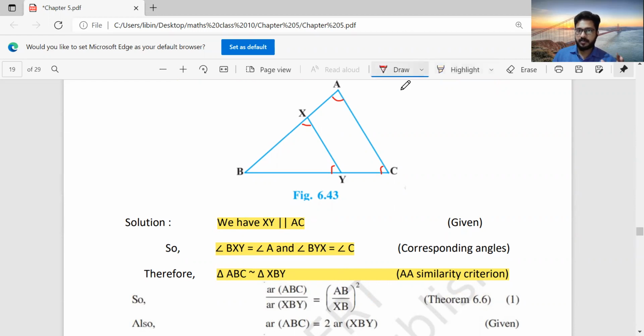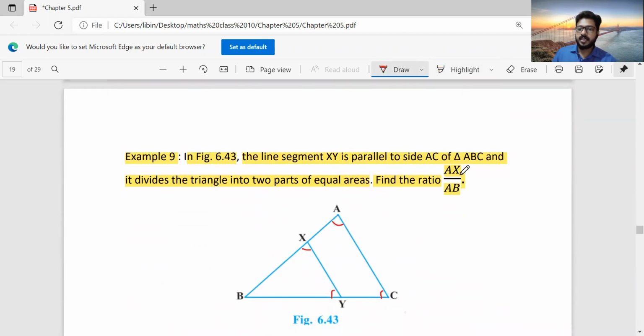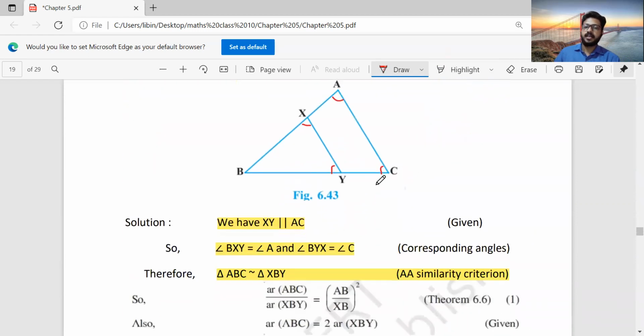That is our theorem. And do you know why we have taken this side instead of any other side? Because in our question we are given only this side. Don't worry about the remaining measurements, but look at the side here. We want that side. That's why we have taken AB by XB whole square. So we are calling it equation 1.